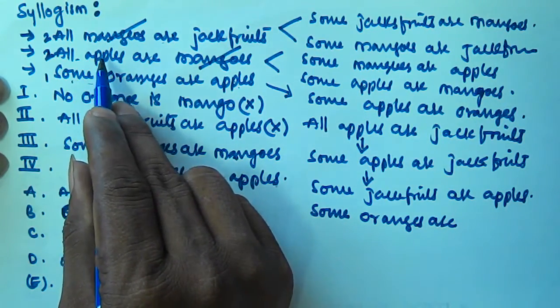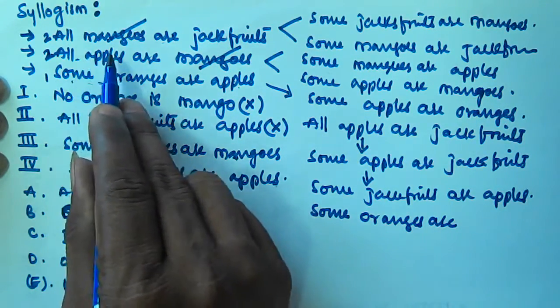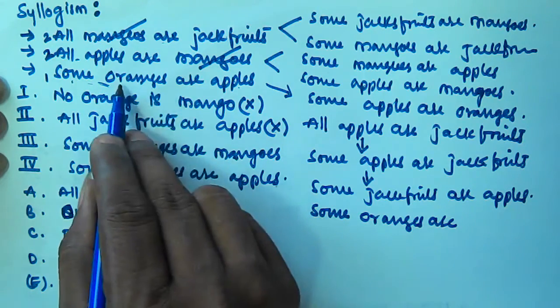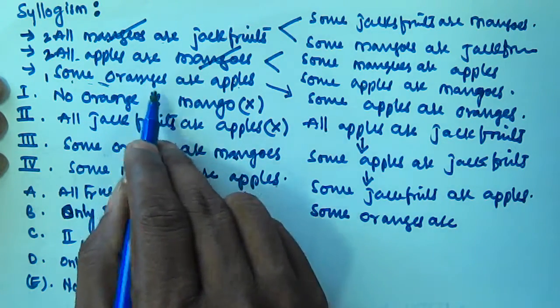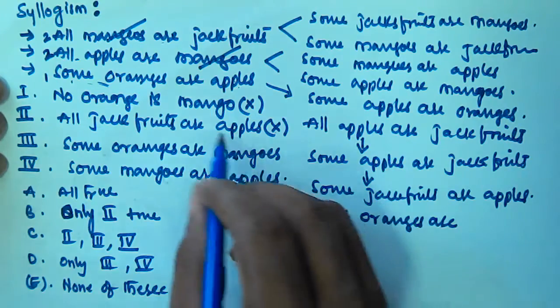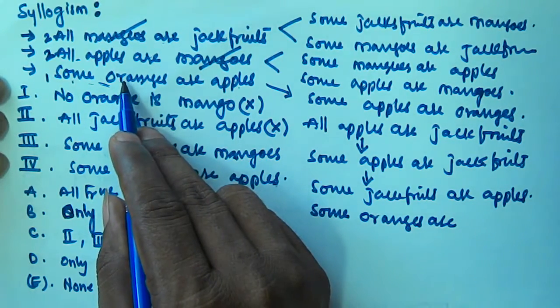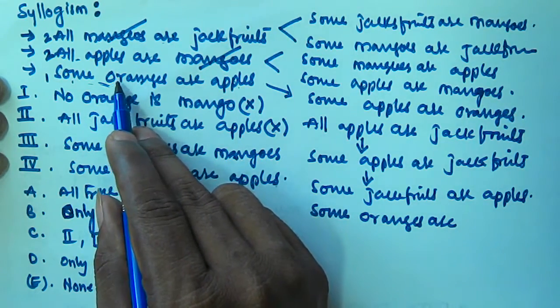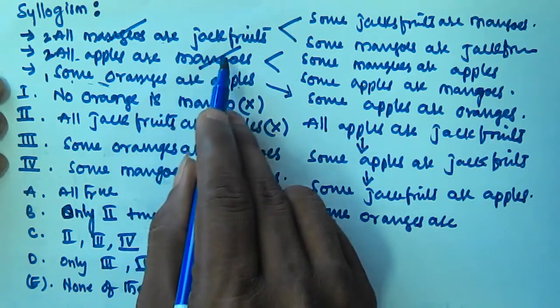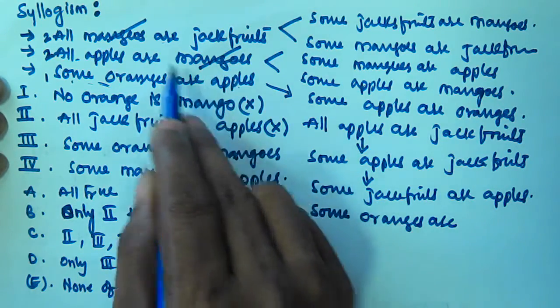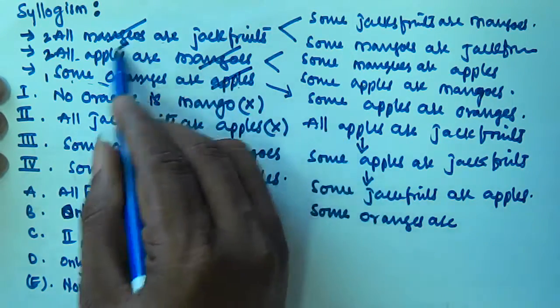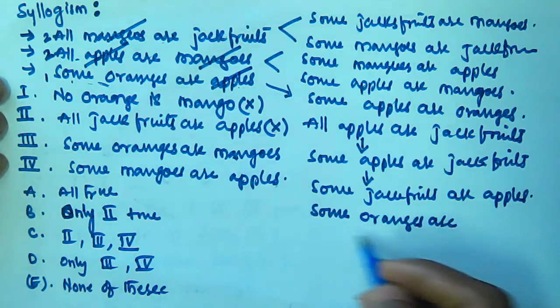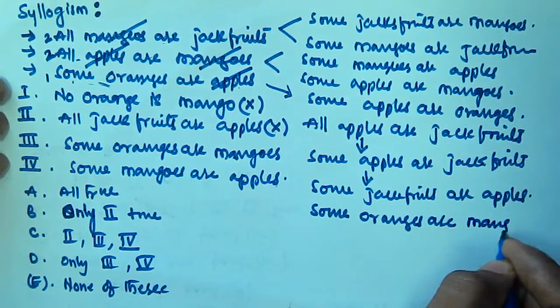Some plus all will give some. Again we take the subject from the first statement, that is oranges, and the predicate from the second one, that is mangoes, because apples cancel and we are left with mangoes. So some oranges are mangoes.